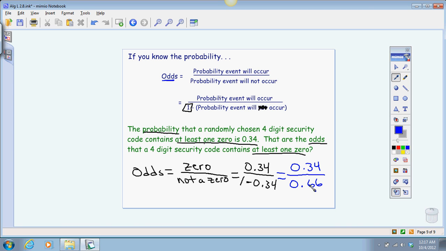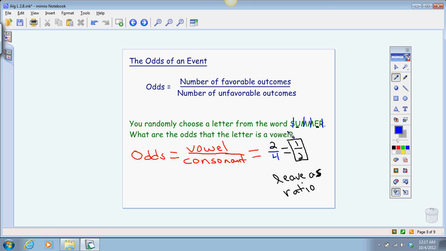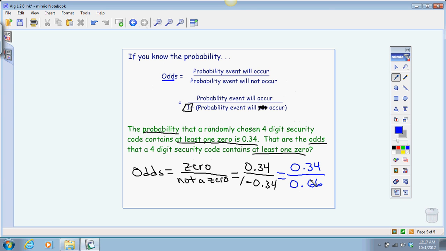Now, remember, on the last slide I said we had to leave it as a ratio. We don't write decimals inside fractions. So we can rewrite this just by moving the decimal place over as 34 over 66. All I did, you guys, was move it over 2 spots in each. I can do that because I did the same thing to the top and bottom.